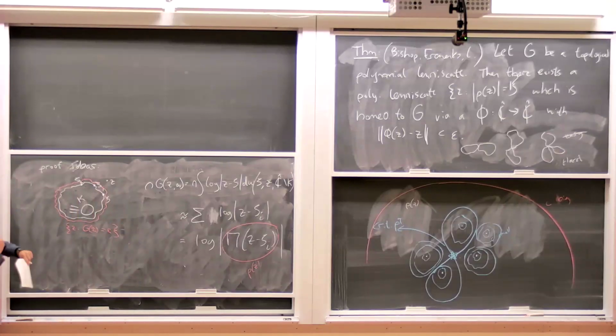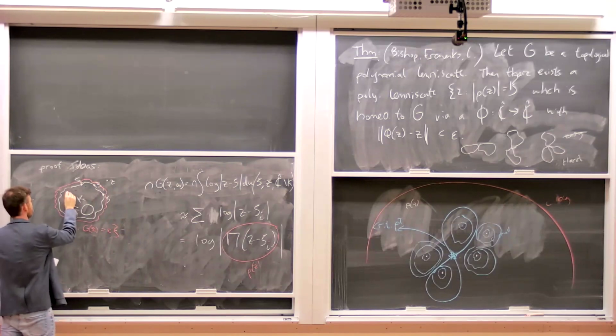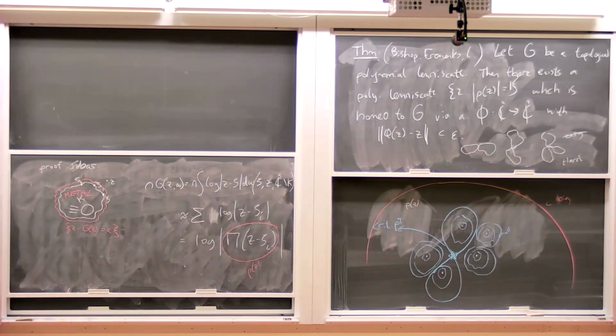The more intuitive version of this proof is, you imagine that your compact set is a metal, a conductor, and you imagine the complement is an insulator. You consider a sort of electric field on the sphere. Electrons are allowed to move around in this metal. They're not allowed to move around in the insulator. And you place a charge at infinity. What happens to the electrons in the metal?